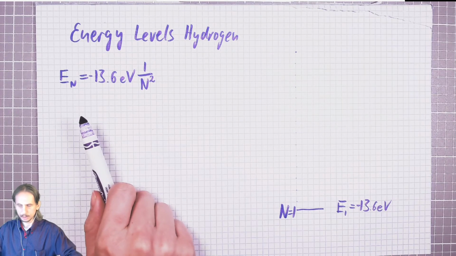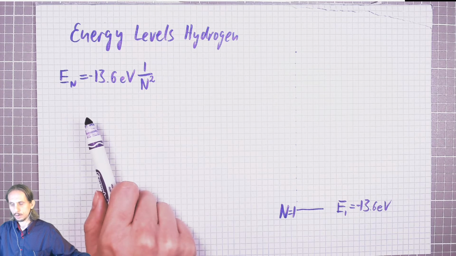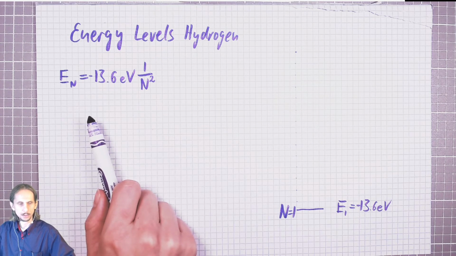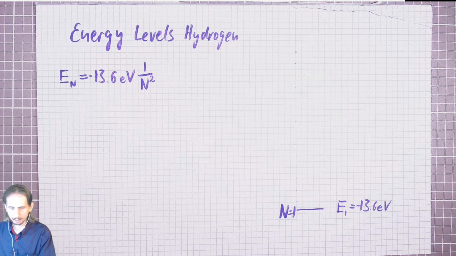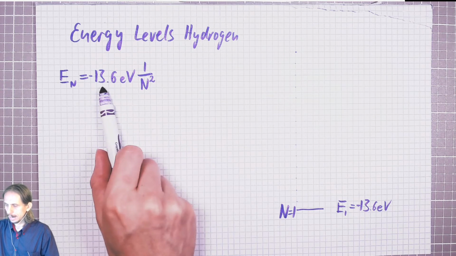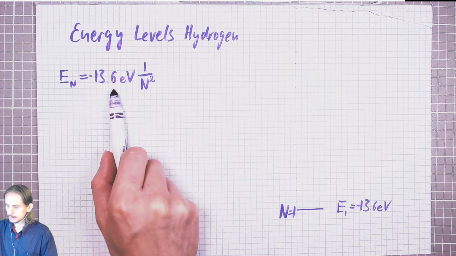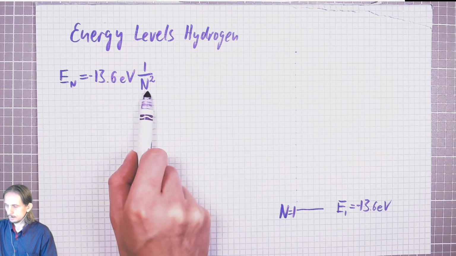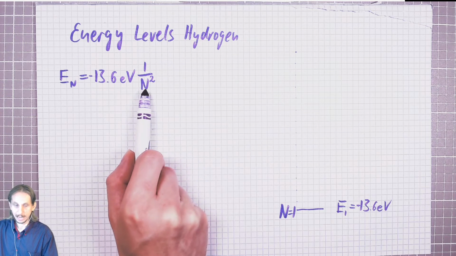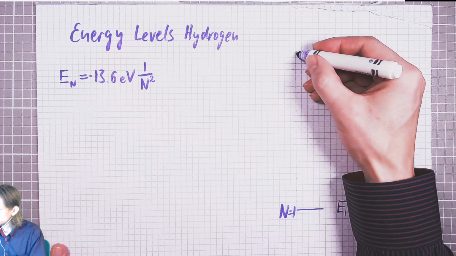If we wanted to calculate what happens for n equals 2, we would have to take minus 13.6 electron volts times 1 divided by 2 squared. That happens to be 3.4.